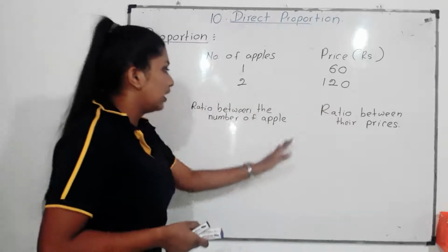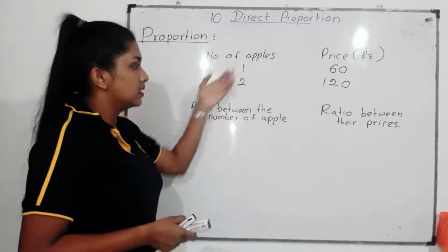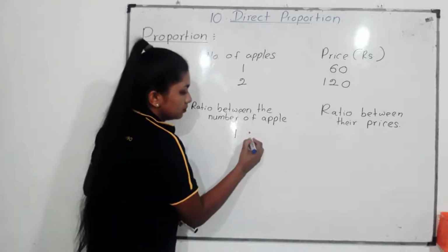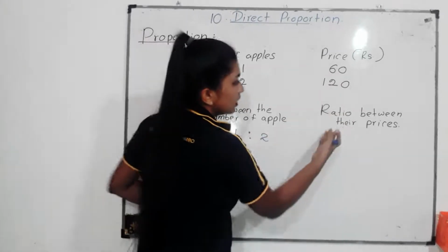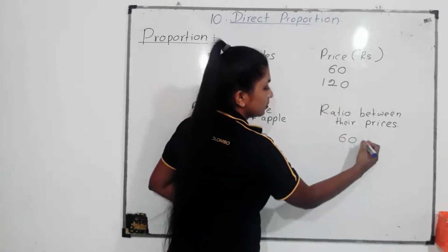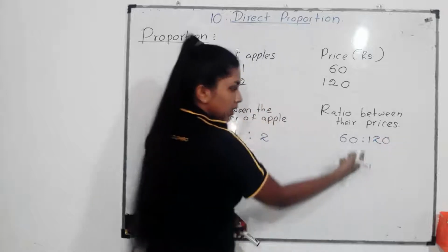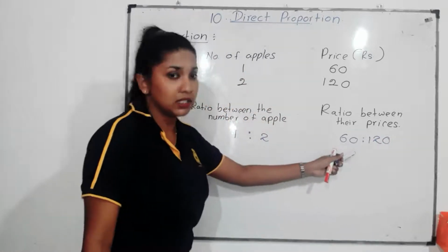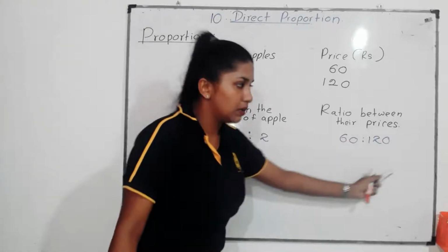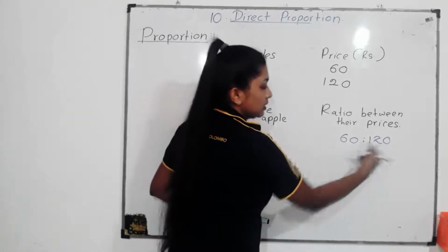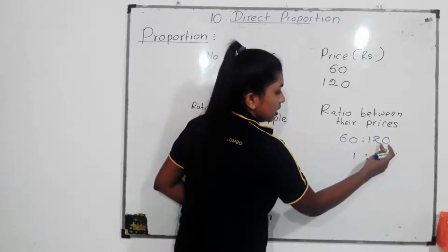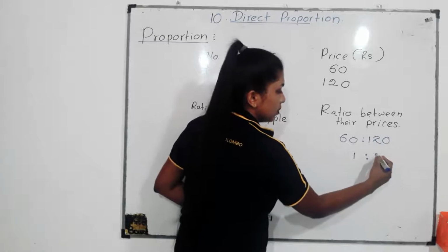Now I want to write the ratio between the number of apples, 1 to 2, and the ratio between their prices, 60 to 120. We can write this in the simplest form. We can divide both quantities by 60. Then we obtain 1 to 2.